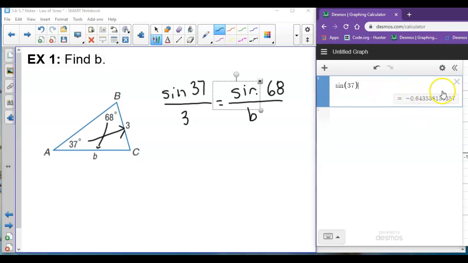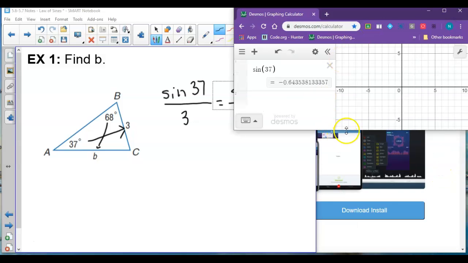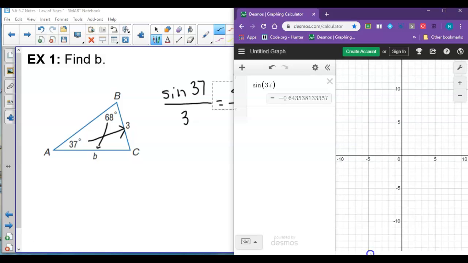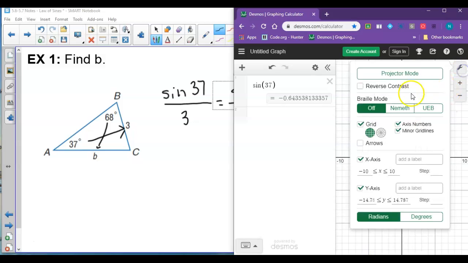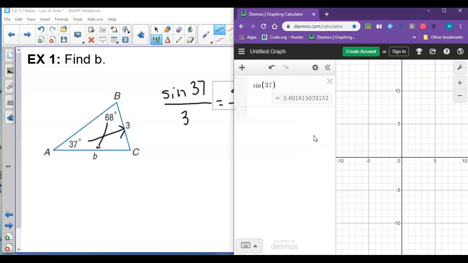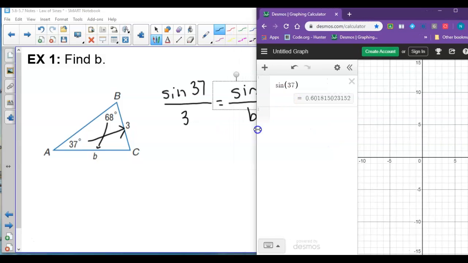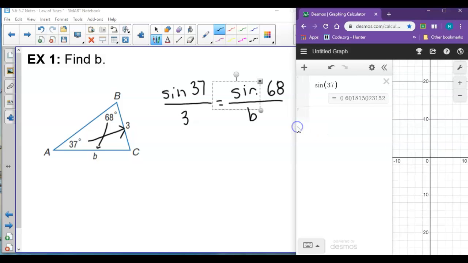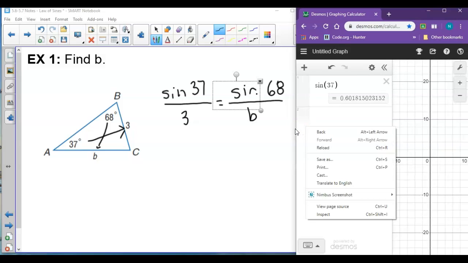And in fact, I'm in radian mode here. Let's change this to degrees because we'll be dealing with degrees here. So if you're using Desmos, make sure you change Desmos to degrees because that's what you'll be focusing on for most of these. We're not going to use radians very much for these type of problems. If the problem has radians, use radians, but most of these will be degrees.